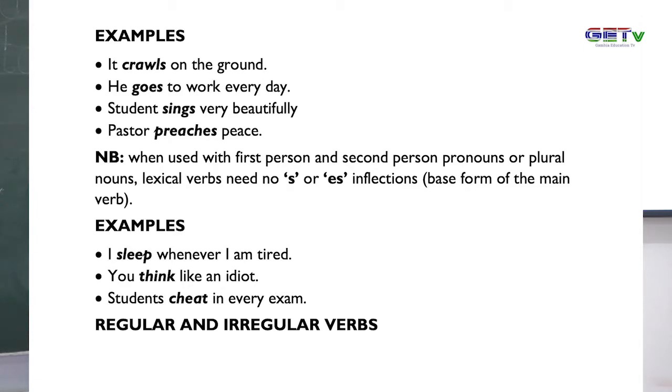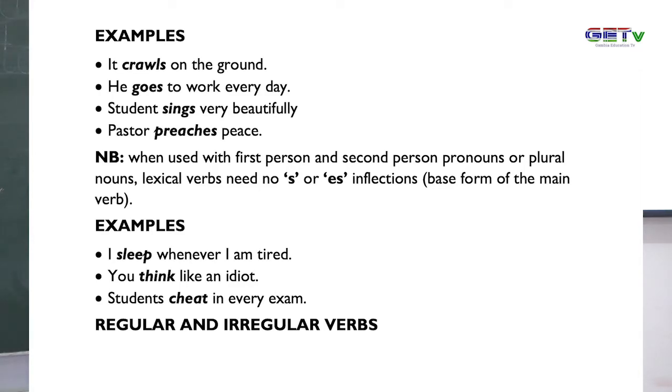3. Student sings very beautifully. By looking at the subject student, it also agrees with the verb sings. So because the sing also is inflected with an S, that makes the two agree. So therefore, by looking at this, all the examples we have are main verbs. They are lexical verbs. That's why they have S inflection to agree with the subject.